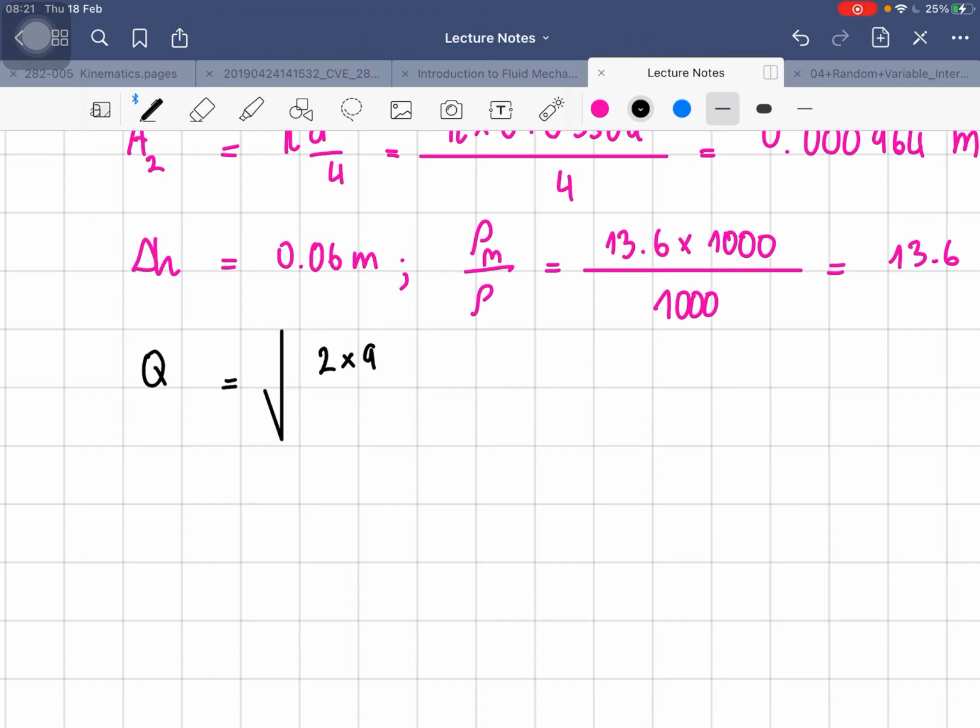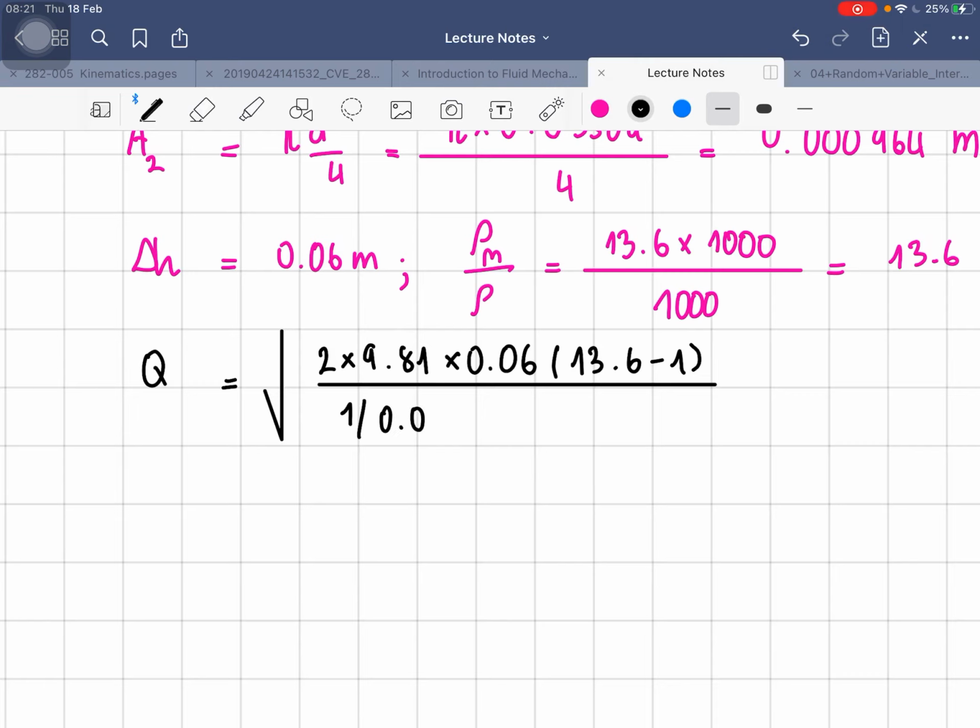So it's 2 with the gravity value and then the delta h, and multiple by this thing here over, it's actually 1 over the area, 0.000964 square here, and we minus this one, 0.000217 square.